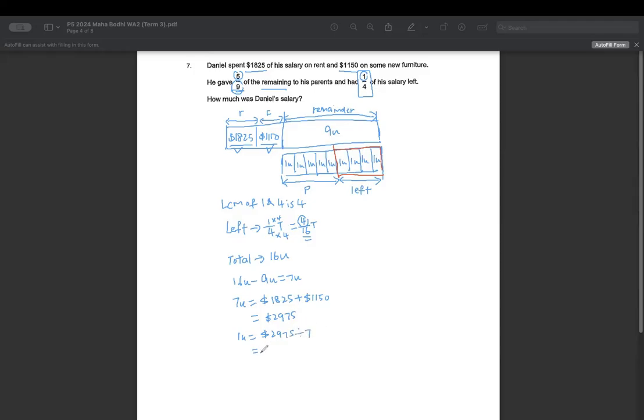We will get our answer, $425. Then we go back to the question. They're asking how much is Daniel's salary. Daniel's salary total is 16 units, so 16U will be 16 times $425. That will give us our answer, $6,800. So my final answer will be $6,800.